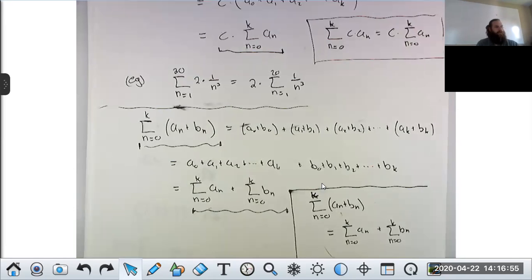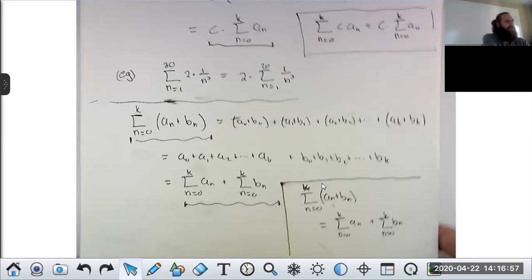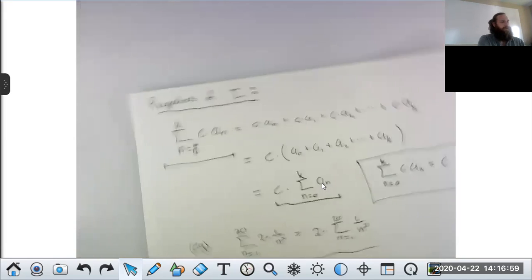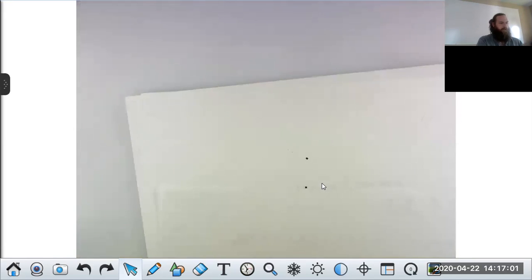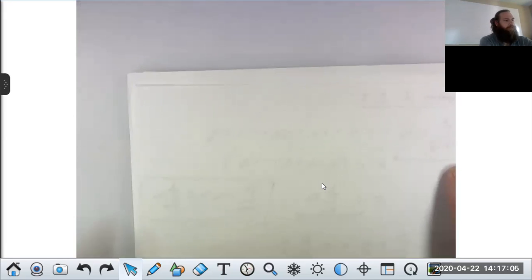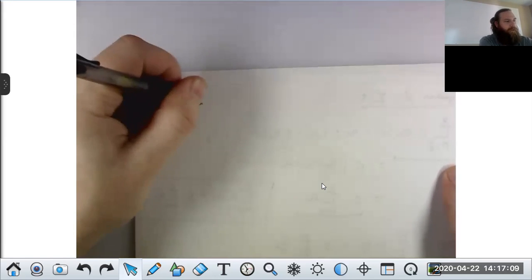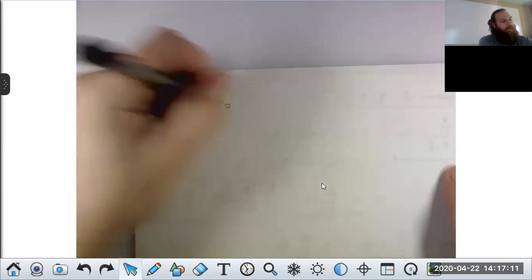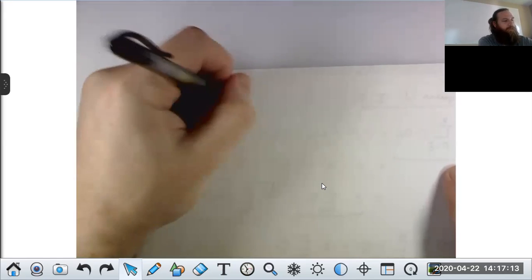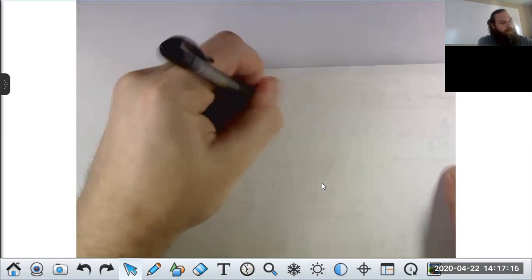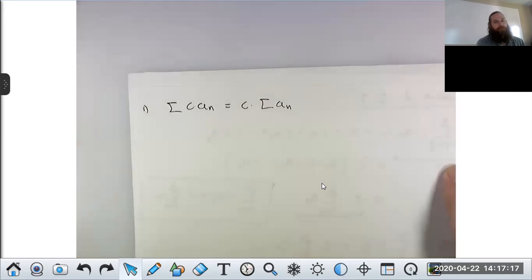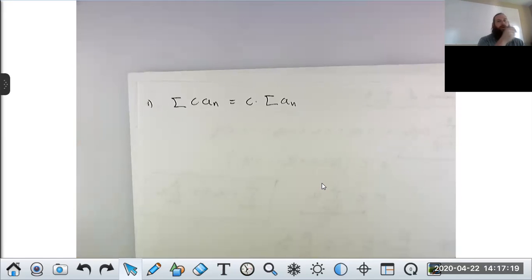So I wanted to make sure I gave you those. This is a little bit of the proof and a little bit of the result mixed together. So let's give the two big properties here. Sigma c times a_n is the same as c times sigma a_n. And this is independent of the bounds, whether you're talking about finite series or infinite series.